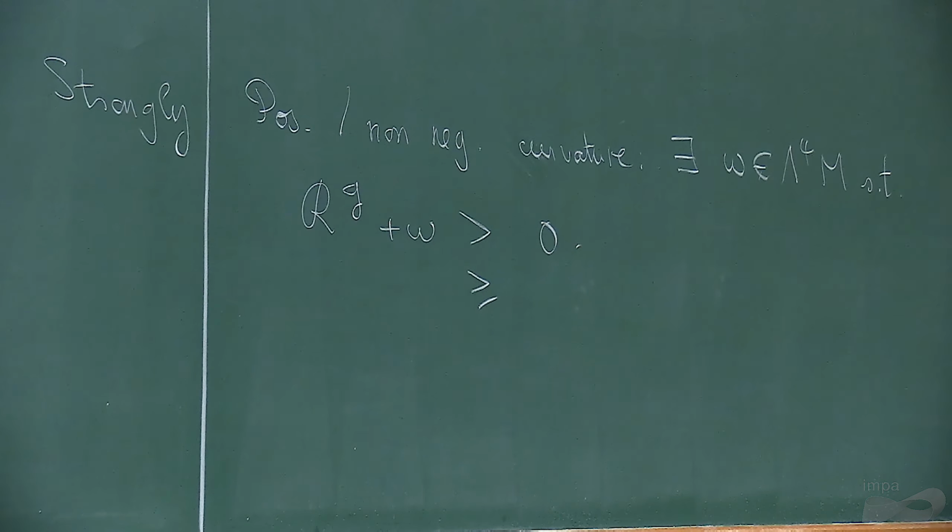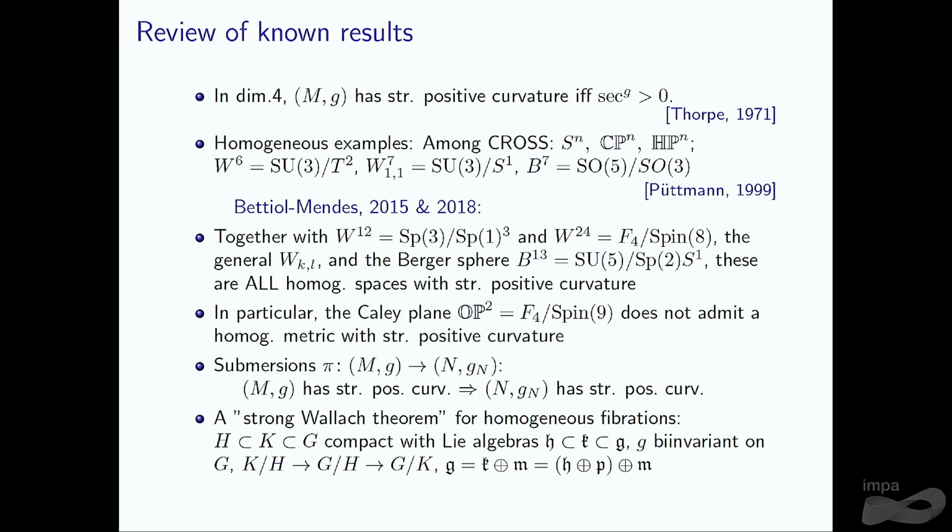In dimension 4, these two notions actually turn out to be equivalent. So strongly positive curvature is exactly the same as positive sectional curvature, which is already to be found in the work of Thorpe. If one looks up the nice work of Püttmann from the late 90s, then one finds a few homogeneous examples, namely among the compact rank 1 symmetric spaces: spheres, complex projective spaces, and hyperbolic and quaternionic projective spaces, but not the Cayley plane.